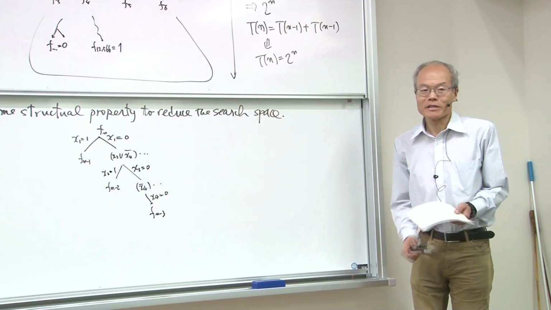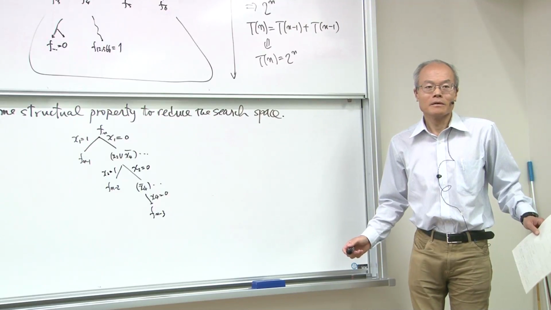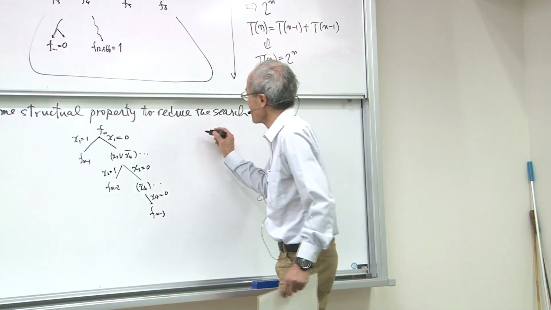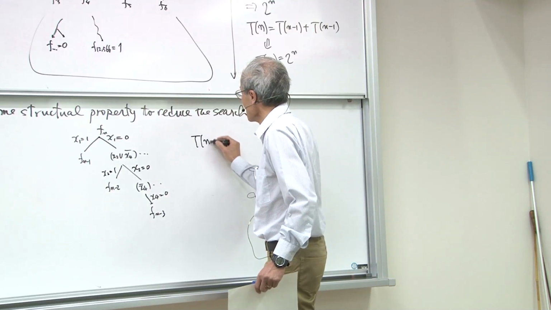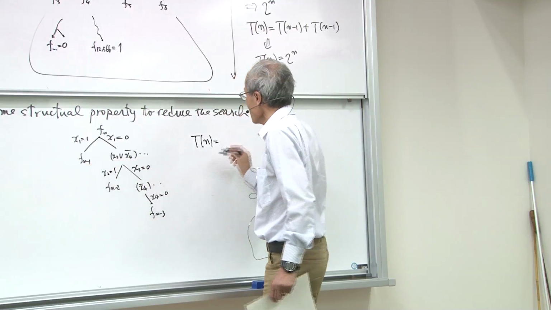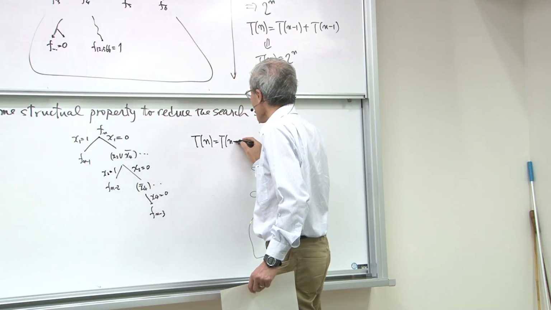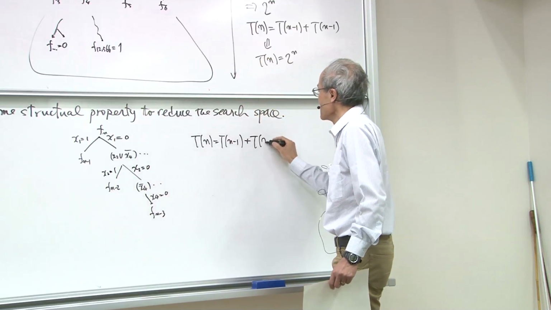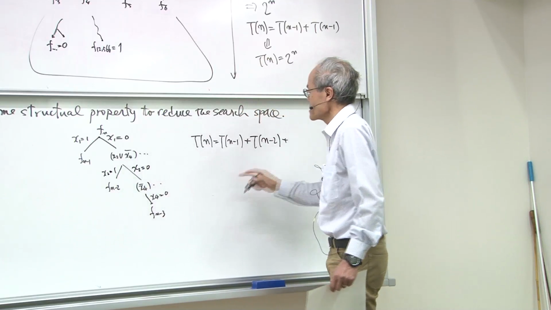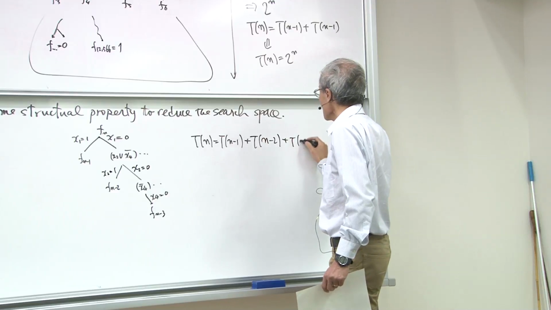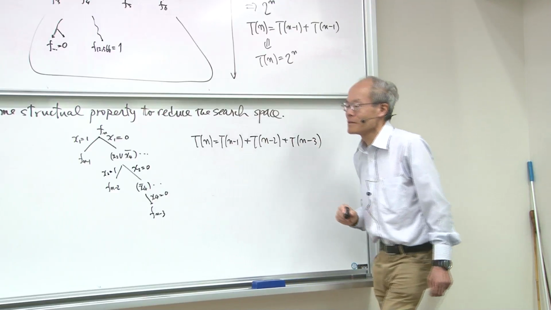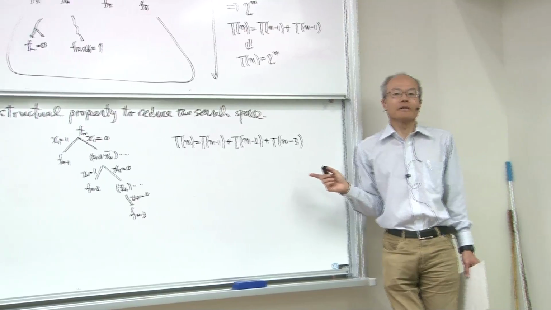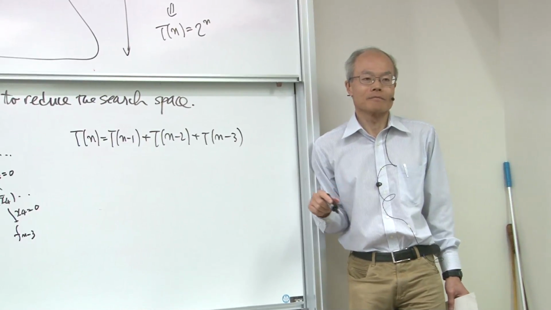Good. Then what is your recursion formula? What is the recursion formula? Recursion formula T of n is equal to T of n minus 1 plus T of n minus 2 plus T of n minus 3. So this is your recursion formula for the complexity of this algorithm.